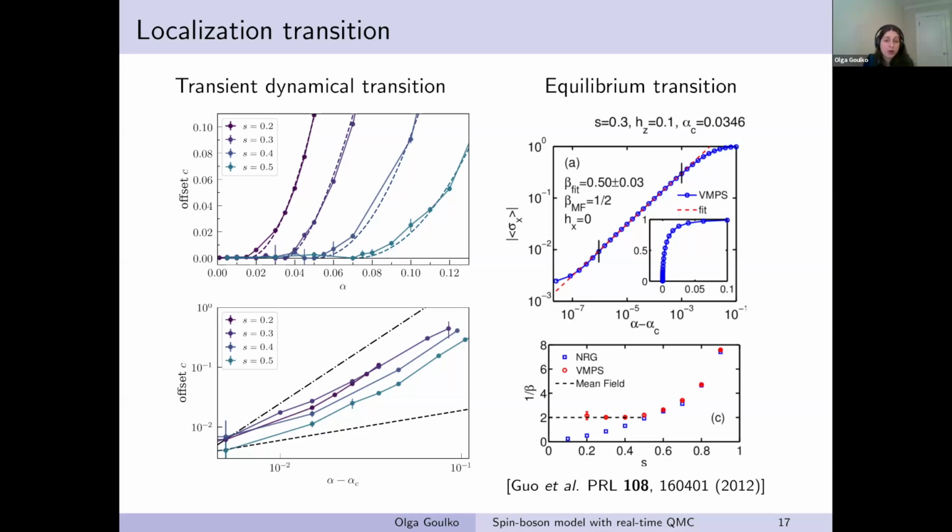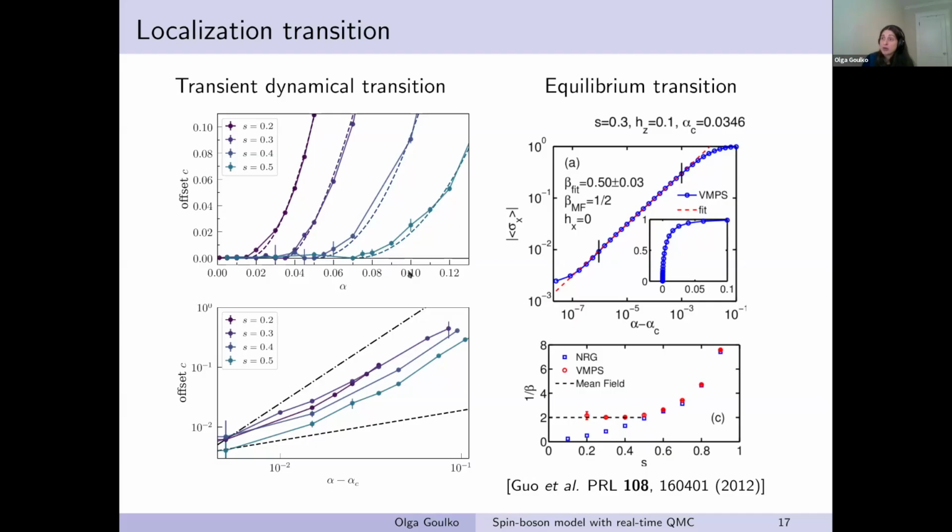So a lot is known about this quantum phase transition, particularly the critical exponents. On the right-hand side, from this work, I'm showing you some results for this known equilibrium quantum phase transition with the corresponding critical exponents.